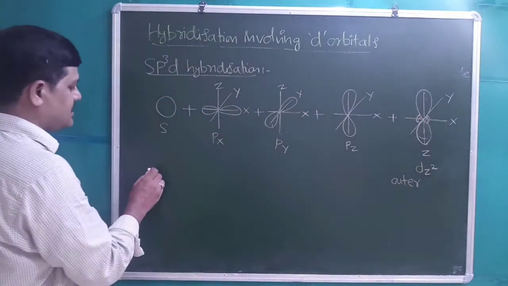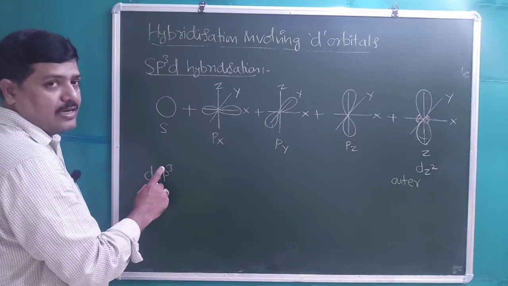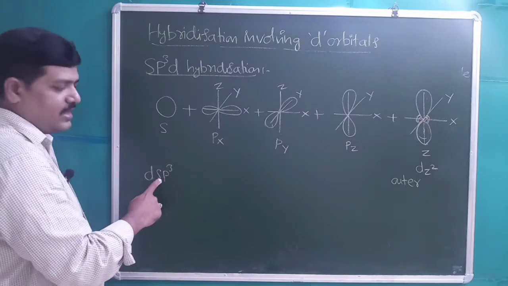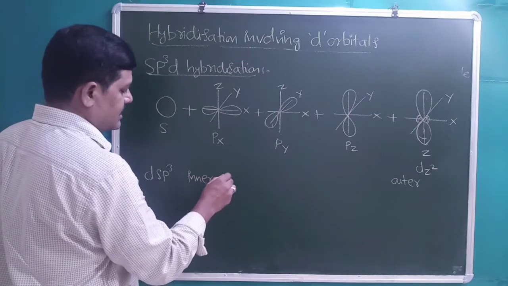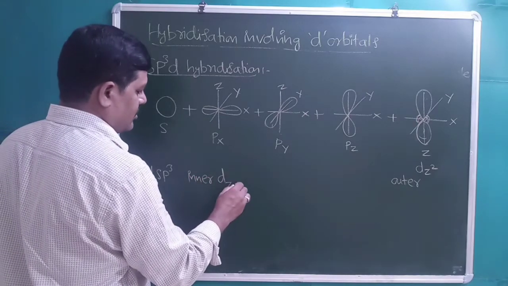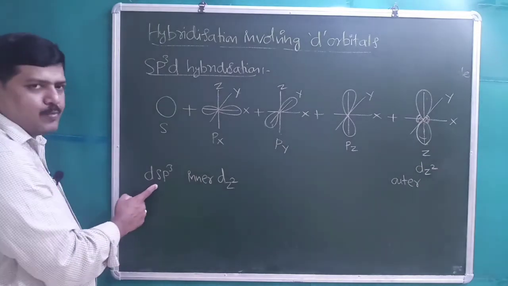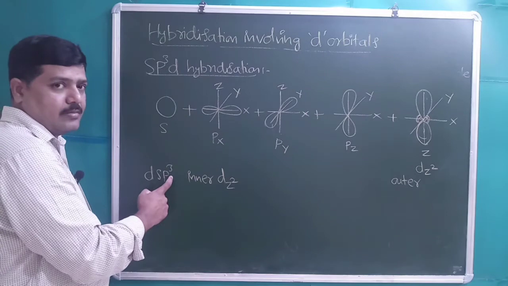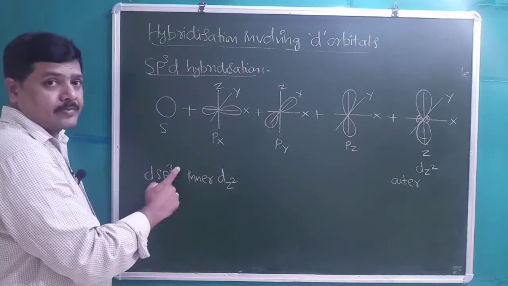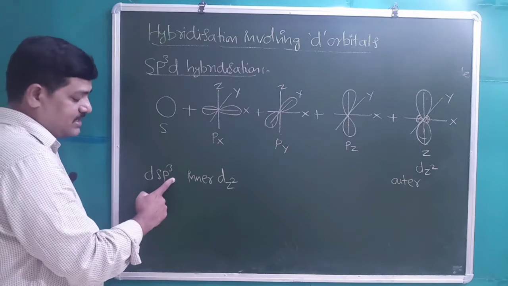If the hybridization is dsp3, that we will discuss in the chapter coordination compounds. Here inner dz square orbital is involved. That means, for example, s orbital is 4s and p orbitals are 4px, 4py, 4pz.